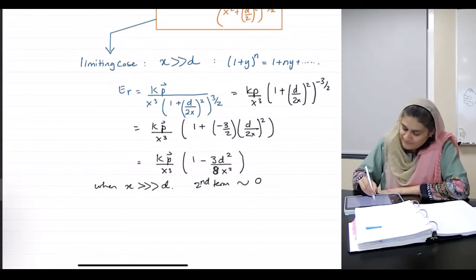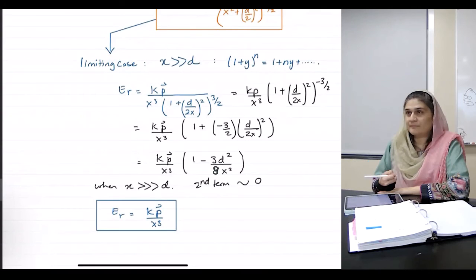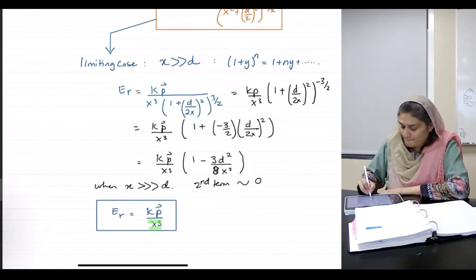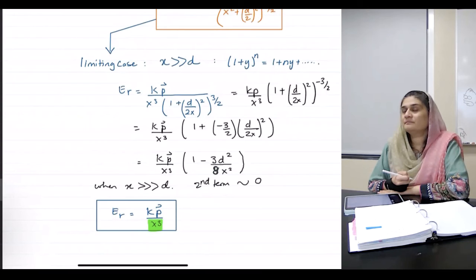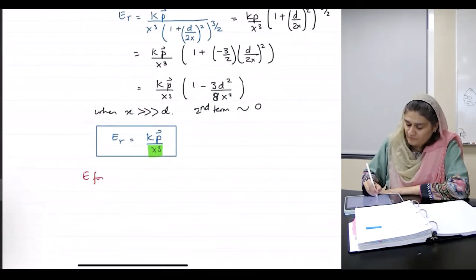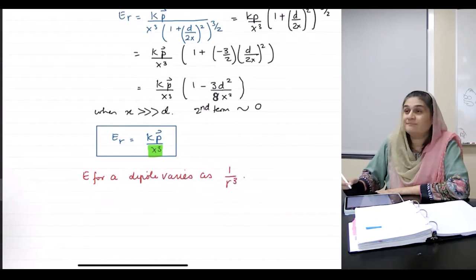So then that means E at P can be written as, so note, E for a dipole varies as 1 over r cubed.